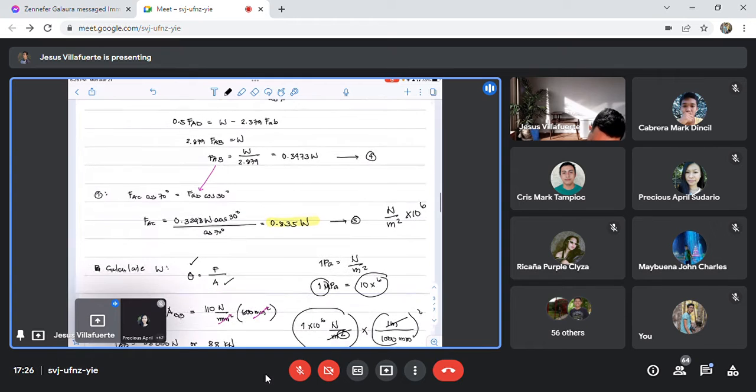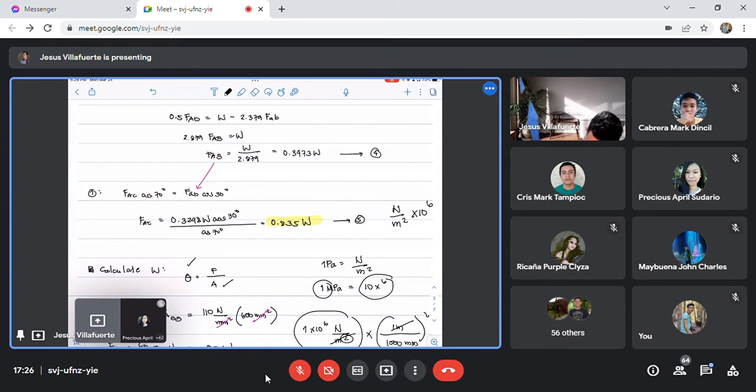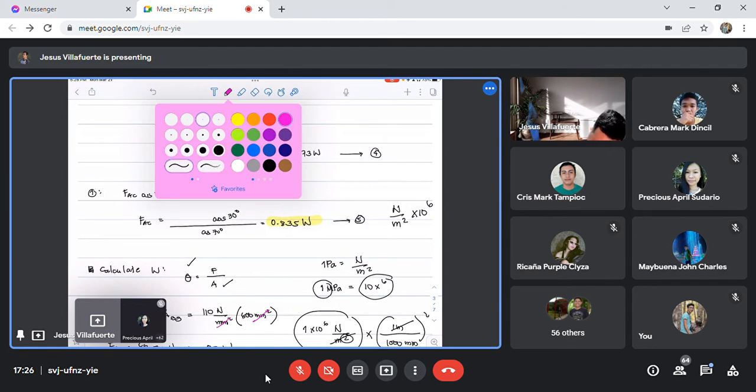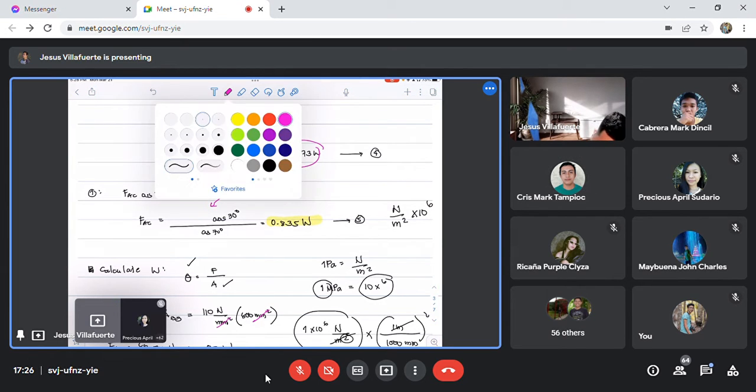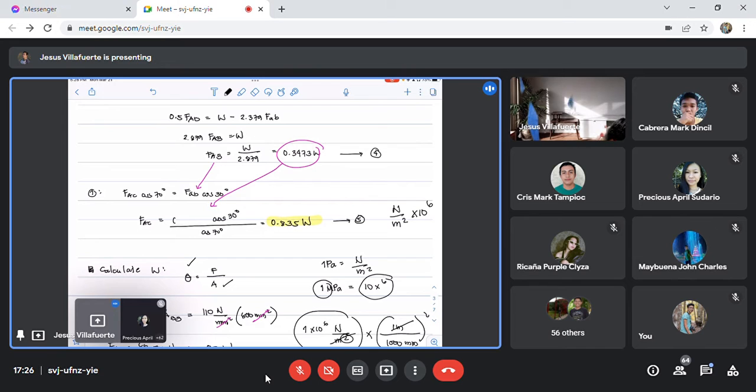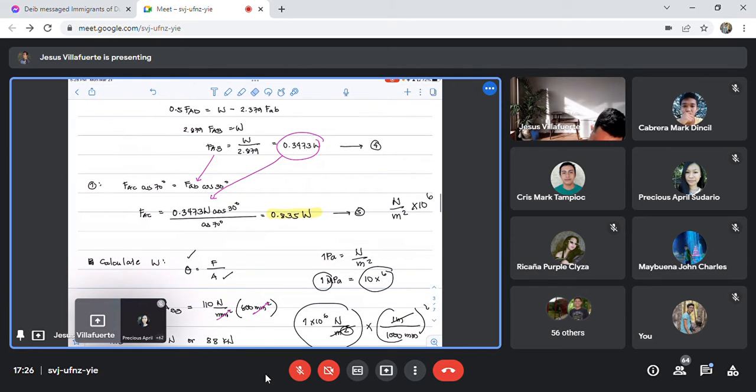So when we plug this one into theta, this becomes 0.3473 W.